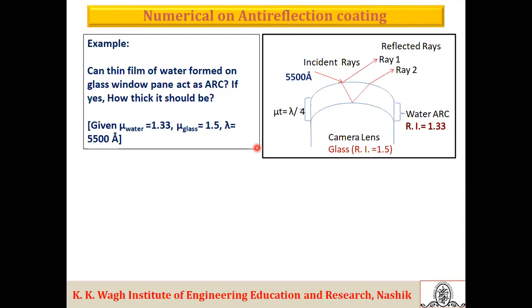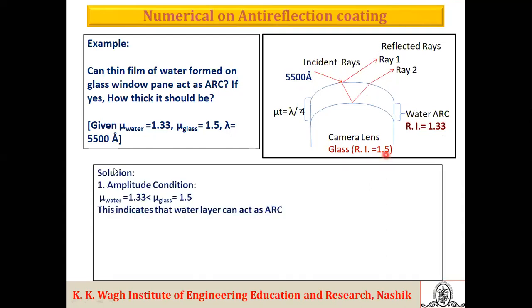So with respect to this diagram, this is an incident ray having wavelength 5500 angstrom. Now the anti-reflection coating material used here is water with refractive index 1.33 given here. Now the camera lens is made from glass with refractive index 1.55.